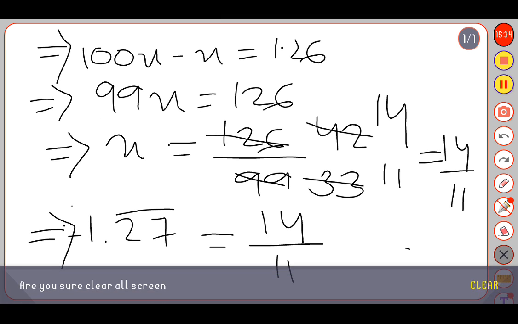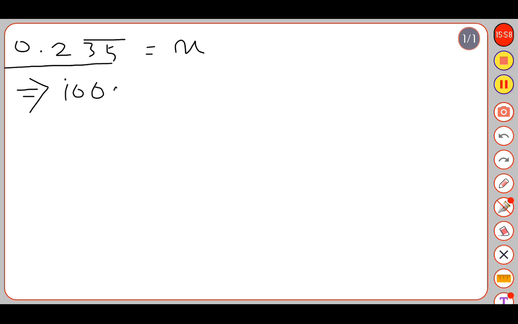So now we will try one another example, that is example 9. Here it is 0.235 bar. Let this value be equal to x. That implies here we will multiply by 100 on both sides as there is a bar upon two numbers. So we can write 100x equals 23.53535.